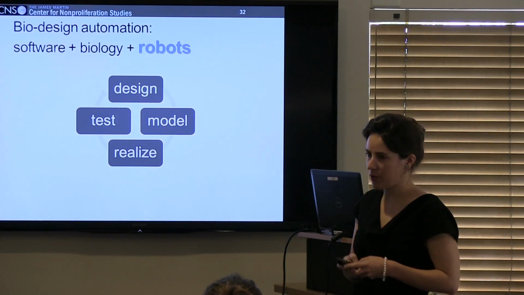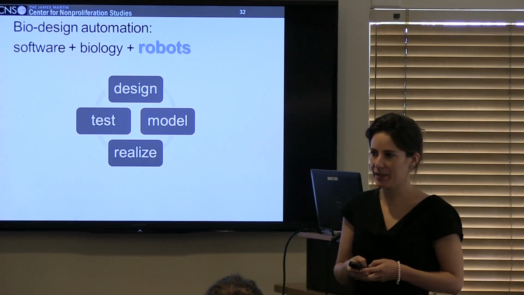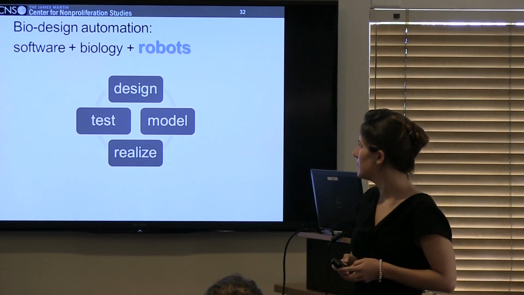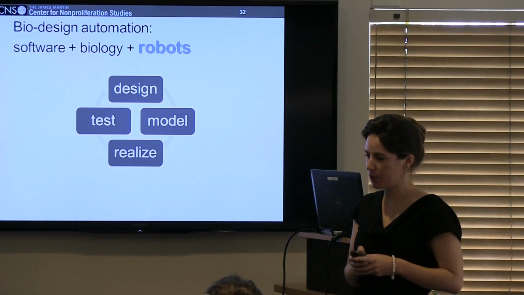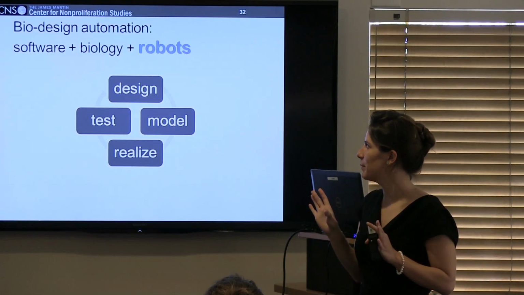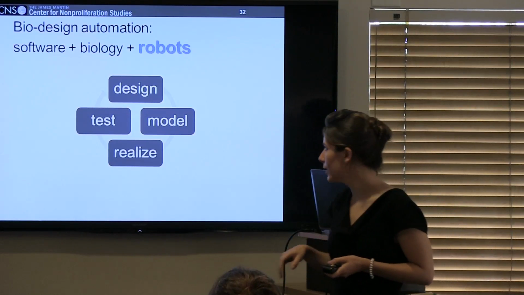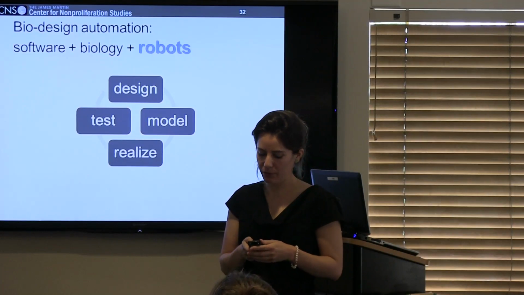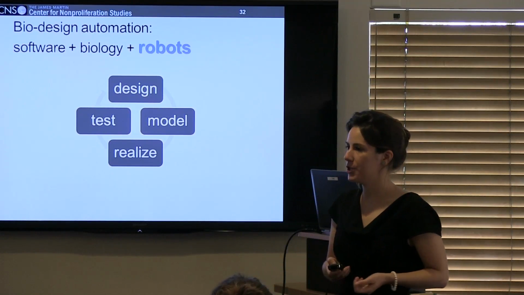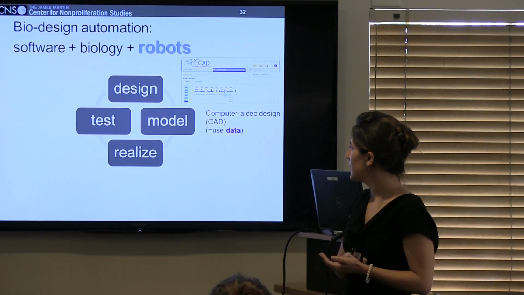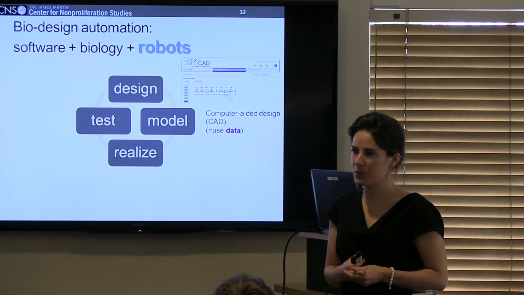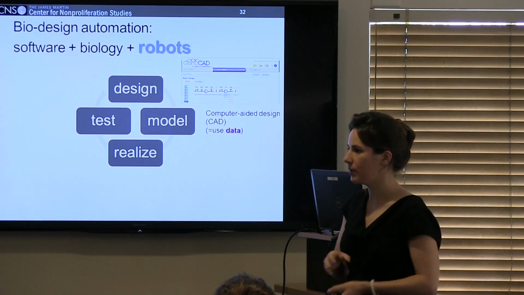Now that you have a sense for the biological data and the biosequence, this is how we use the robots. The field has been developing this bio-design automation principle. We start with designing biological systems, and there are several computer-aided design tools that have been developed.